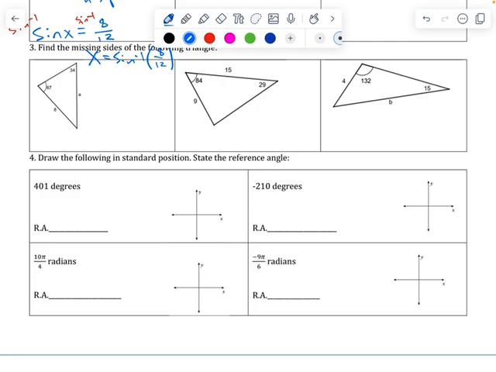Next question, law of sines. So for this one, you have 34 is across from 8. So the way the law of sines works is this. We're going to say the sine of 34 divided by its opposite side is equal to the sine of 67 divided by its opposite side. So sine of 67 divided by the letter A. Now to get the answer, we're going to cross multiply.